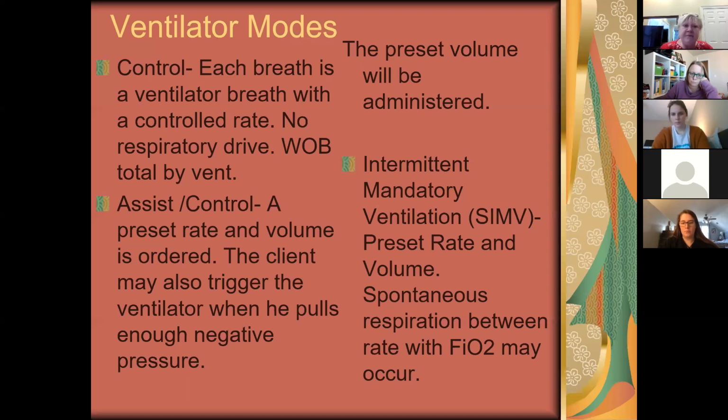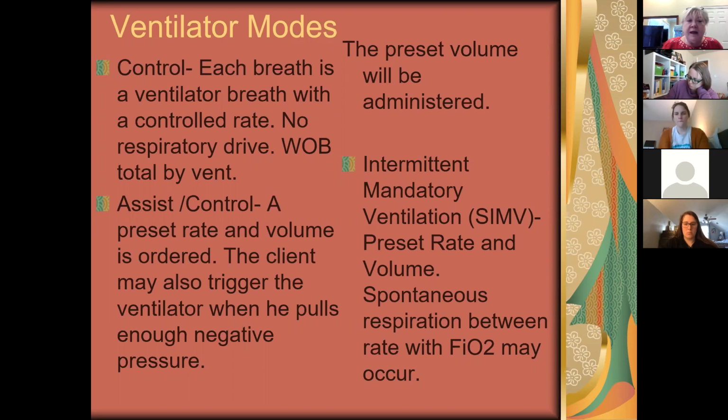However, if the patient has some respiratory drive and decides to breathe on their own more than the 16 breaths that the machine is going to give them, when the machine perceives or detects that they took a breath on their own, they will assist that breath and make its tidal volume also 600 mLs.